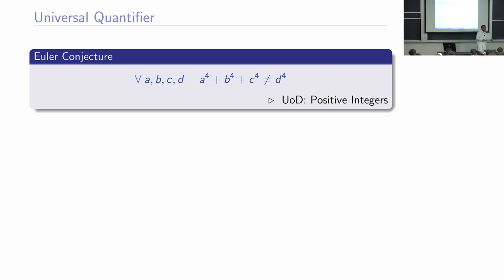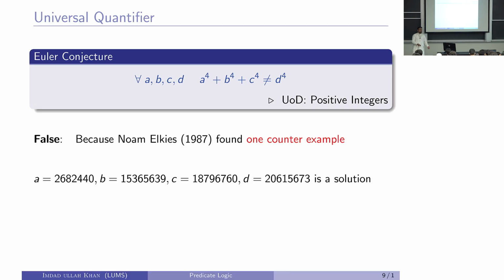In other words, for every a, b, c, d, any four positive integers plugged into this equation, you will never get equality. Is this statement true? This turned out to be false, because one counterexample was found after 220 years by Noam Elkies.